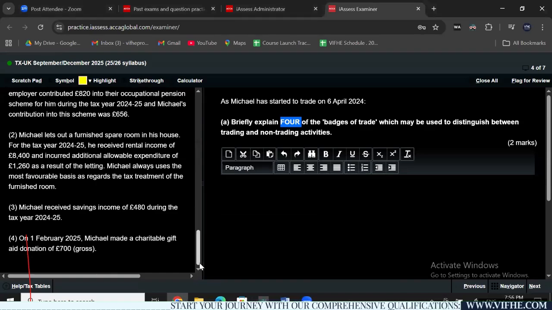Okay, so I will be writing down four badges of trade which are relevant over here. As we have six badges of trade, but as long as they have asked you to produce four badges of trade, that's sufficient. So the subject matter.